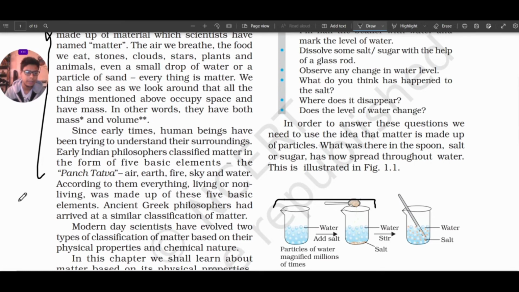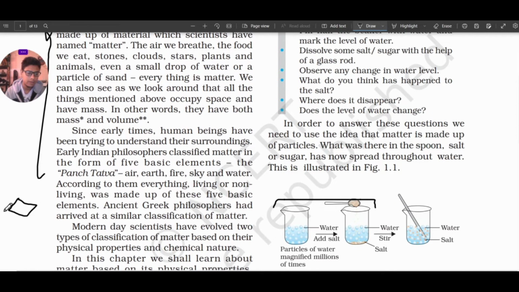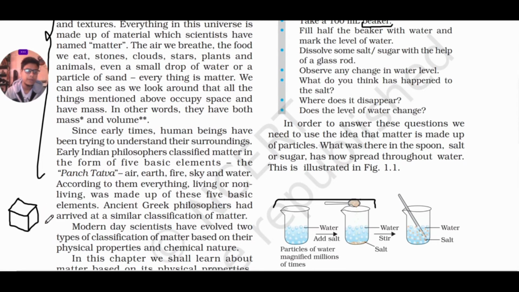If I make a cube here like this, what are the properties of this cube? It has six surfaces on the outside, but there is something inside.